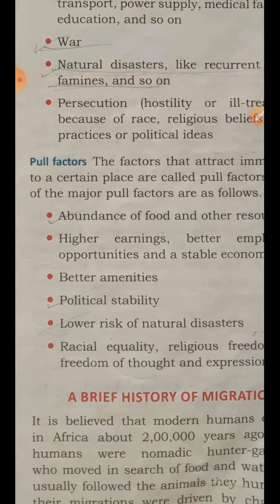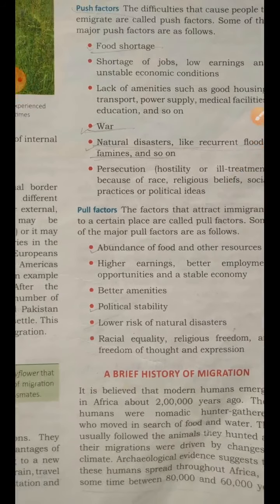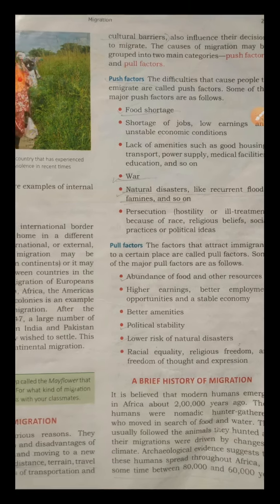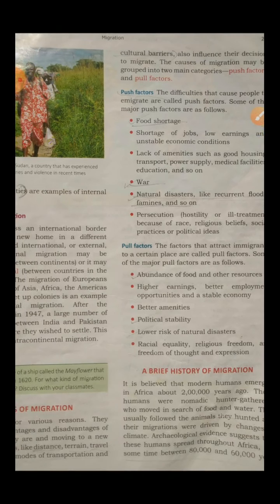Lower risk of natural disasters. Disasters come very rarely in that country. Countries like this have good attraction for people to go and live there. Racial equality is found, religious freedom is there, and freedom of thought and expression is also there.